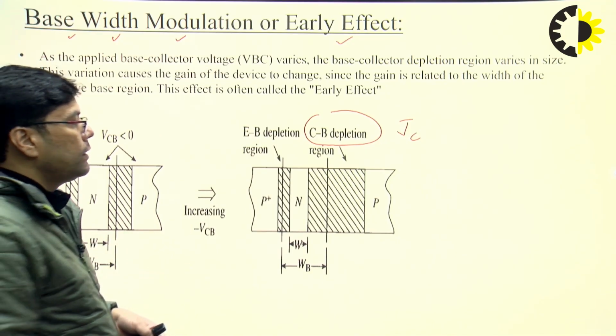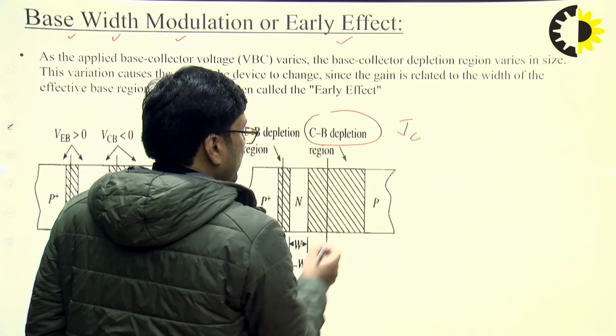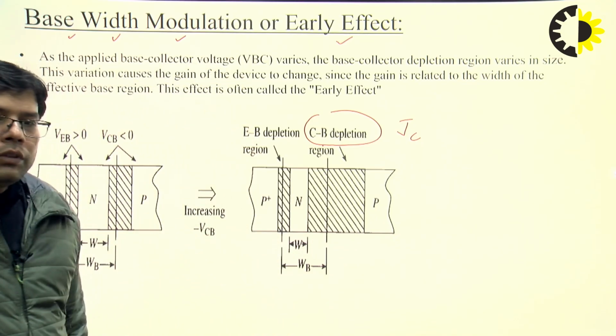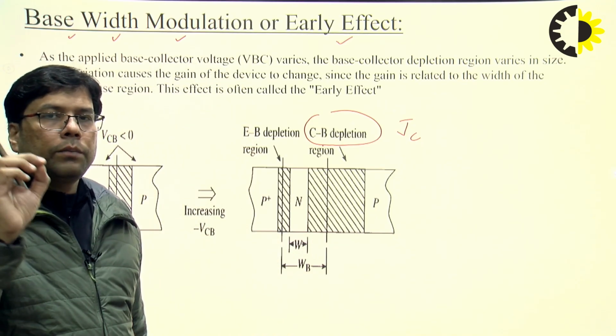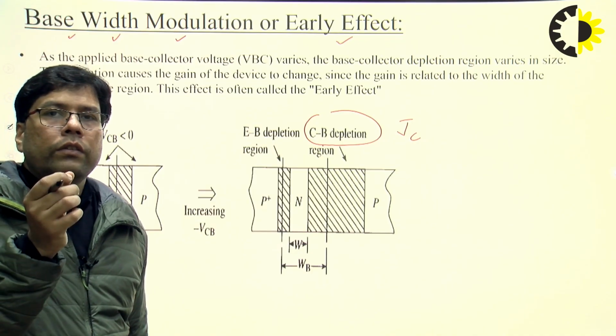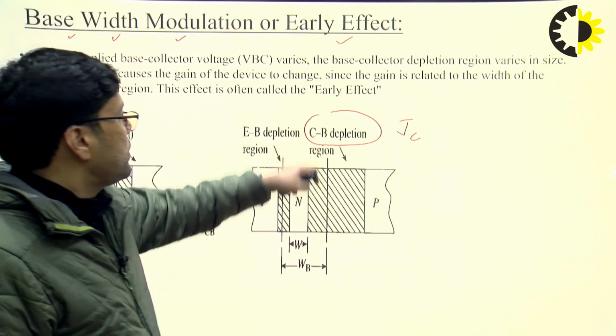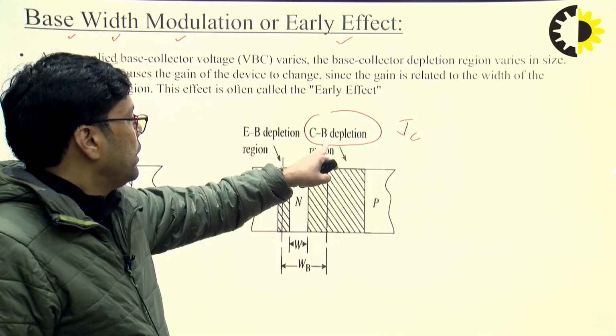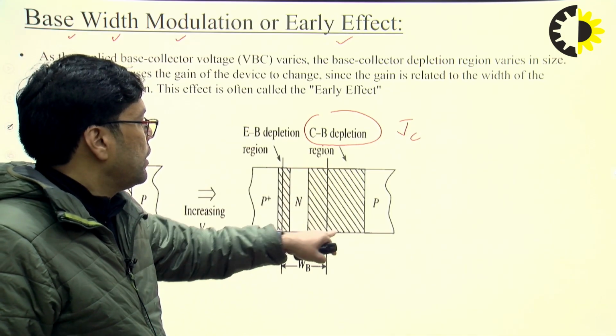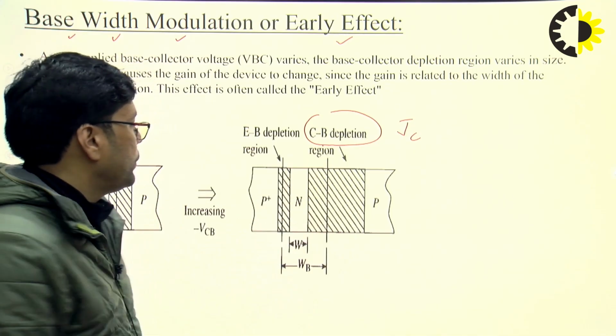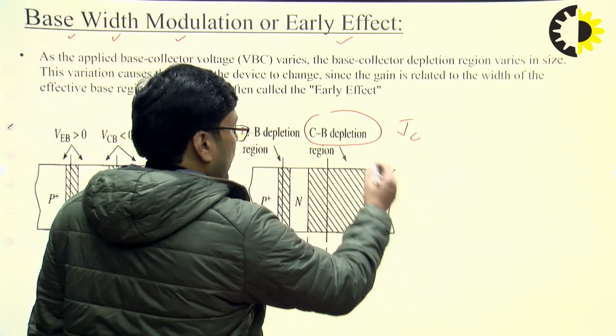As we know, as you increase the reverse bias in a PN junction, the depletion layer width will increase. So at this NP junction, the depletion layer width increases as you increase the reverse bias at this junction.